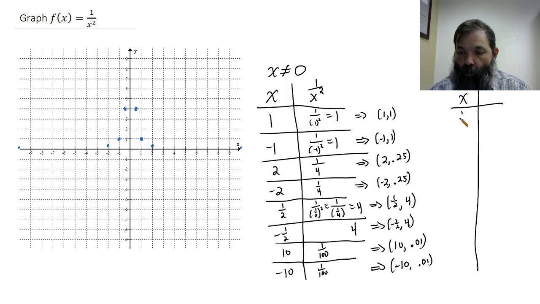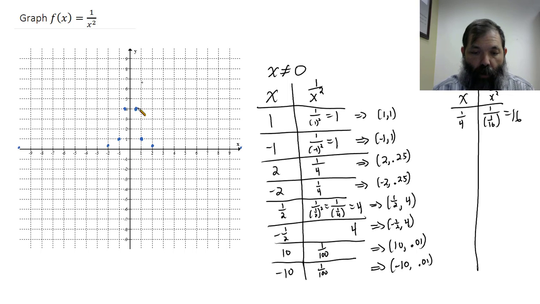If I let x equal 1/4, then 1 over x squared would be 1 over 1/16, which is 16. So if x is 1/4, my output is way up here. It's like 16 is maybe up here somewhere. And something similar will happen if my input was negative 1/4. My output would again be 16.